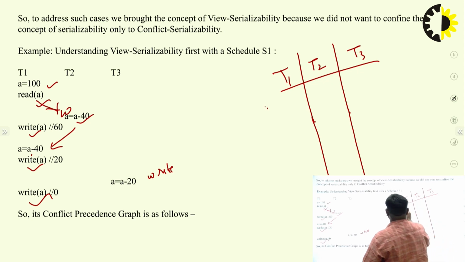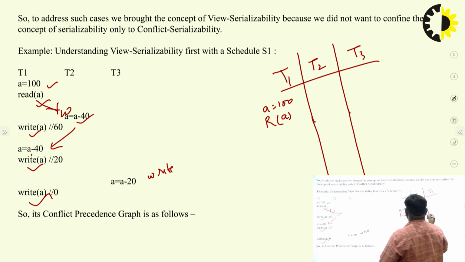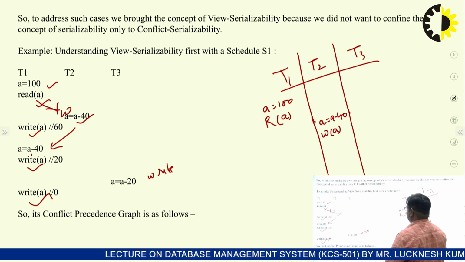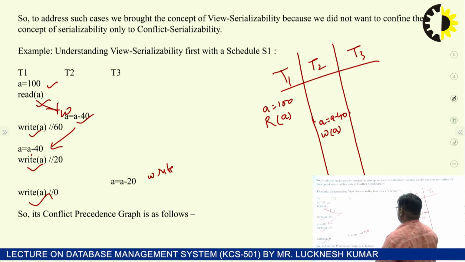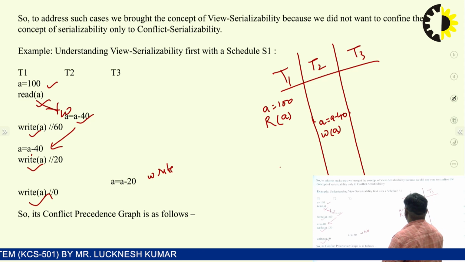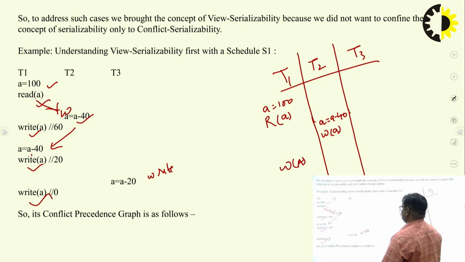The alignment is not right. A is equal to 100. We have read A, then T2 is doing some write operation: A is equal to A minus 40, and it writes A. Then it writes A also by doing A minus 40.